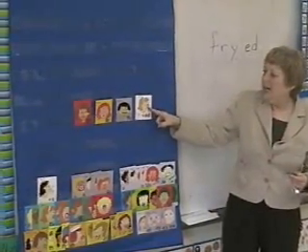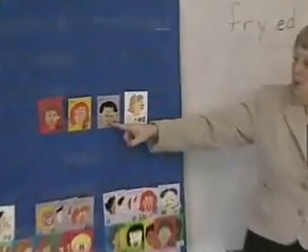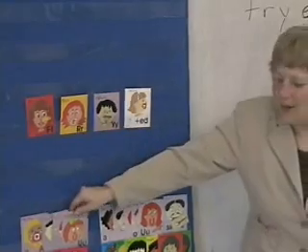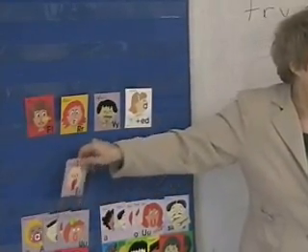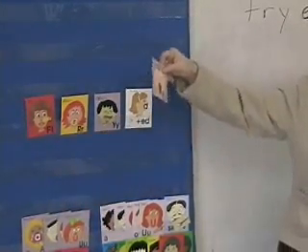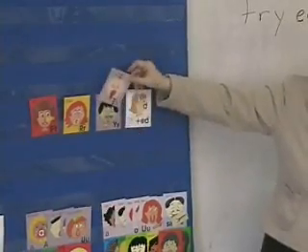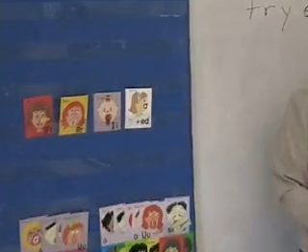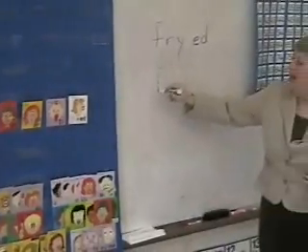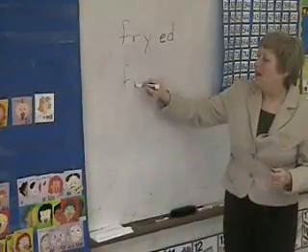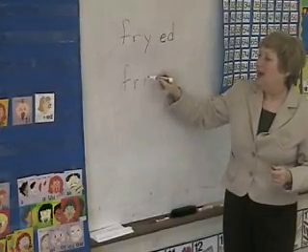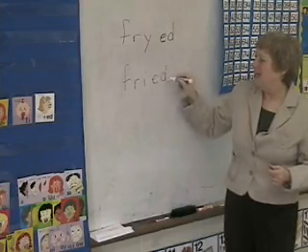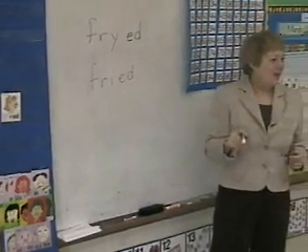When we want to add ED to a word, we change the Y to an I. Who is my very smart person who knew that? All right. We change the Y to I, and then we add ED. So really now it's spelled F, R, I, E, D. Right.